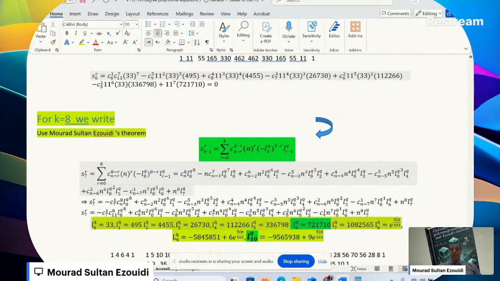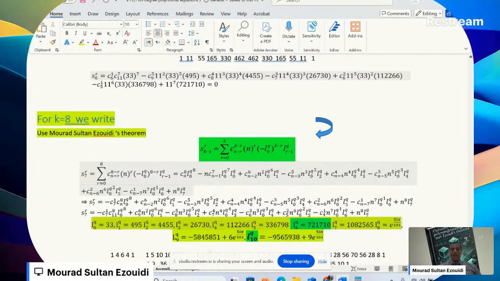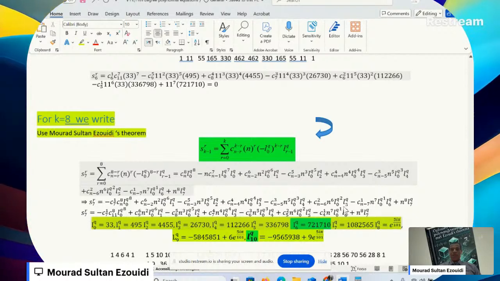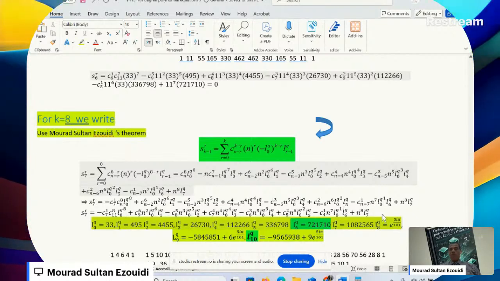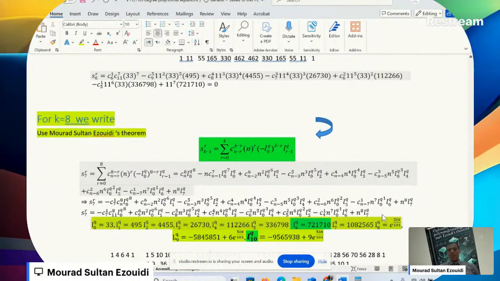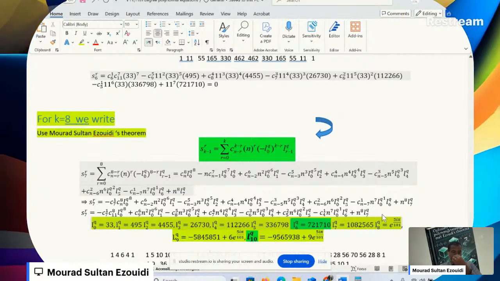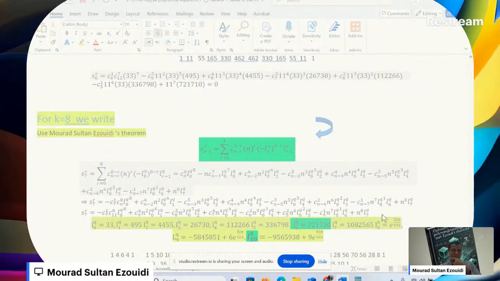So we continue. We were going to find S7. Make your own substitution and you will note that S7 is going to be equal to 0.